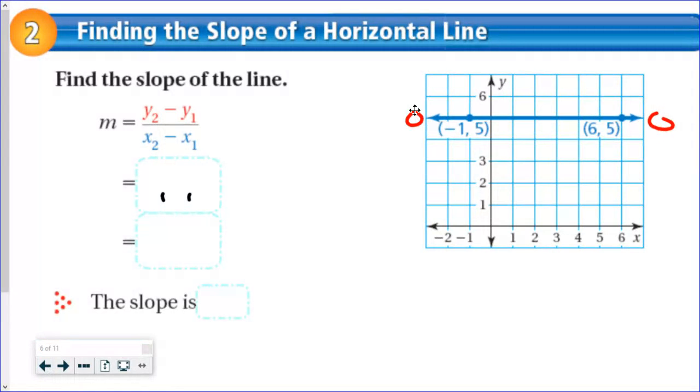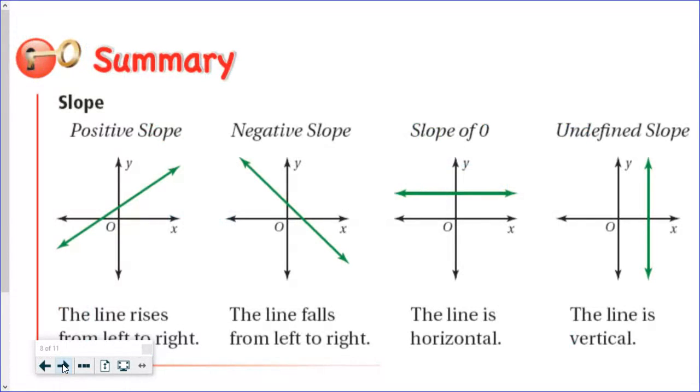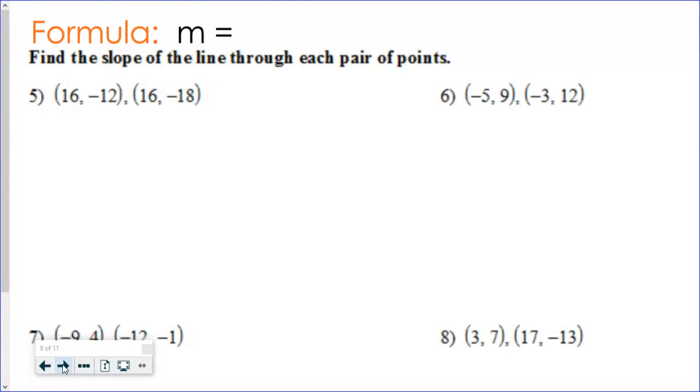If you put this in your calculator, it will give you a 0. If you put this in your calculator, it will give you an error because it can't happen. We can't divide by 0. Okay, so just in summary, if you want to write these down in your notes somewhere, for a formative or our upcoming summative, it's always something good to reference.